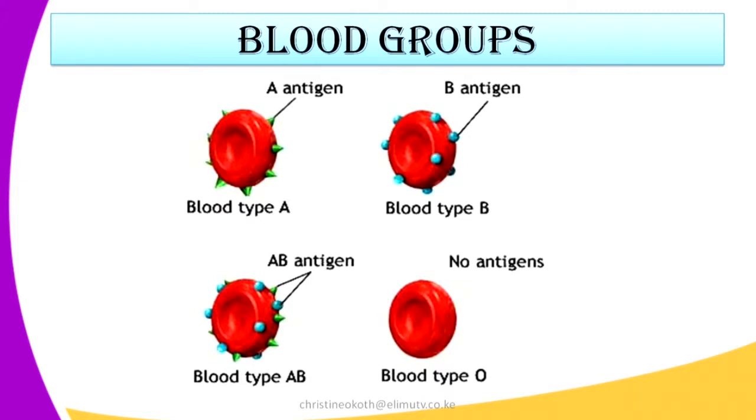We also have another blood group called AB, which means that you have both the antigen A and antigen B found on the surface. Then we have blood group O, which means you have no antigens on the surface. So we have the main 4 blood groups. You are either A, B, AB or O.